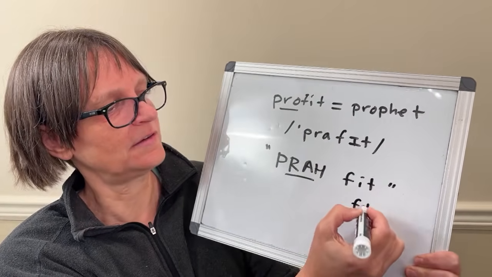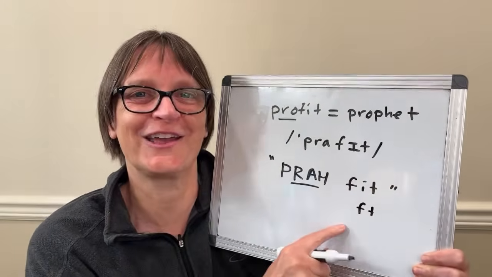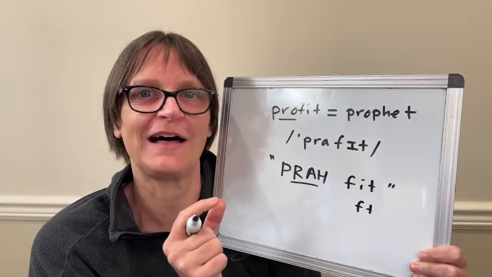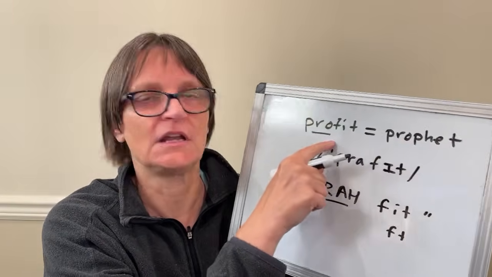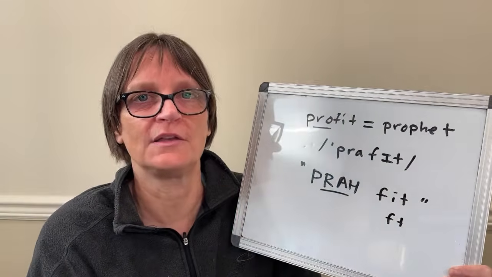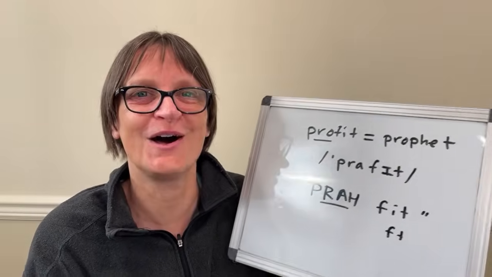But you can think about "fit," like how quickly can I go from the F to the T? How little vowel can I use there? Profit. So the prophet did not profit from his wise words. Great word. Thank you for that question. I hadn't really thought about how those two words have the same pronunciation before, so thanks for bringing that up. Okay.